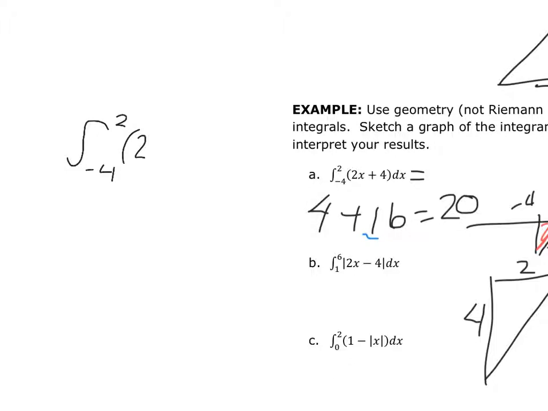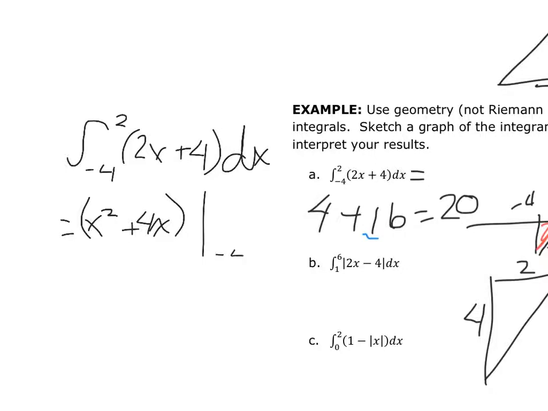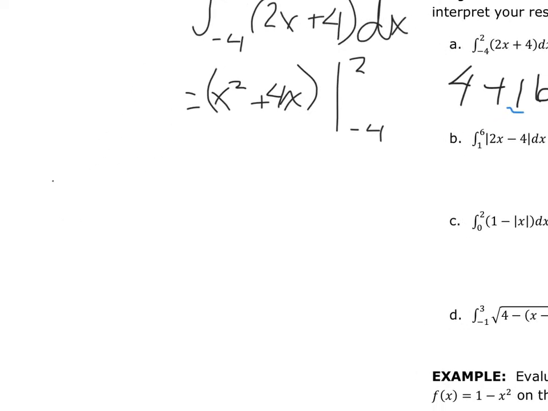And I'm going to integrate 2x plus 4 dx. When I'm integrating this, I add a power to what's there, and then I divide by that power I've added. So this is going to be equal to x squared, and then plus 4x. Now, because this is a definite integral, I have these limits from -4 to 2. We're going to plug these values into the function, so this is going to be equal to 2 squared plus 4 times 2.